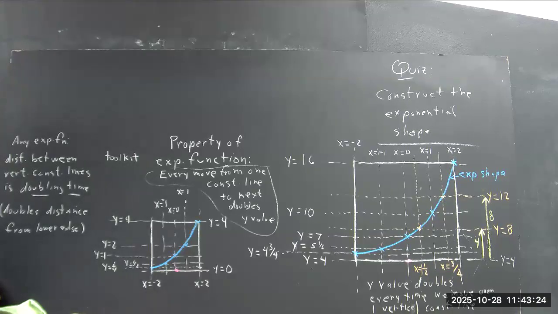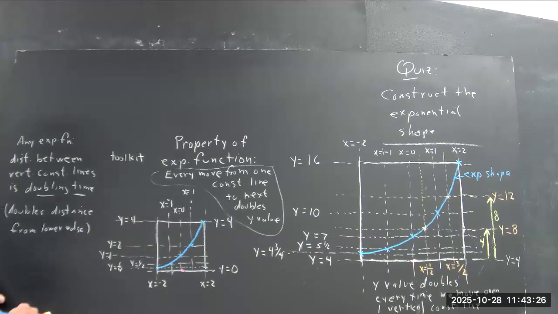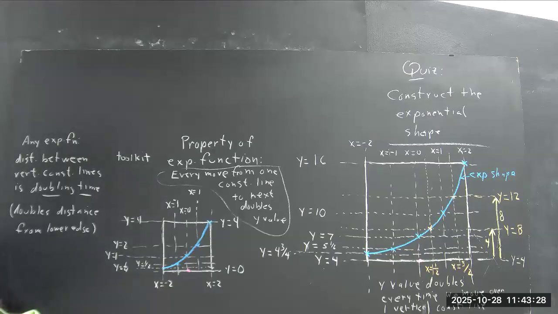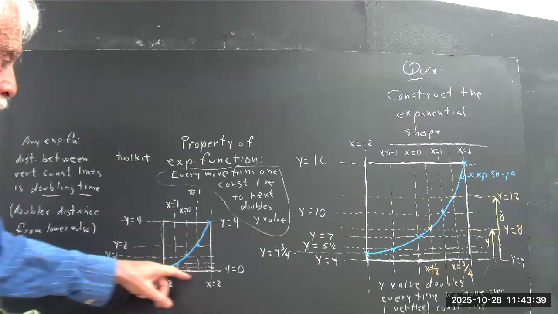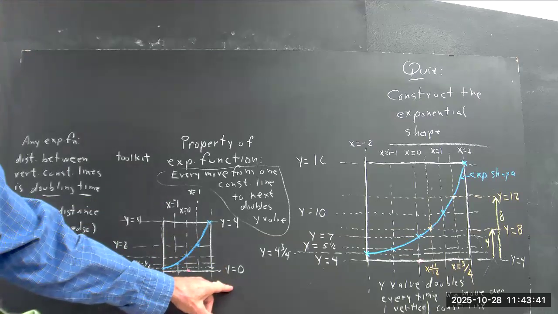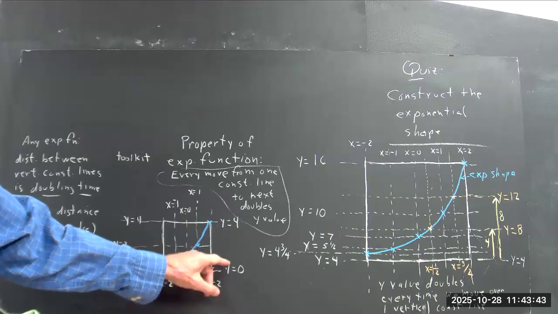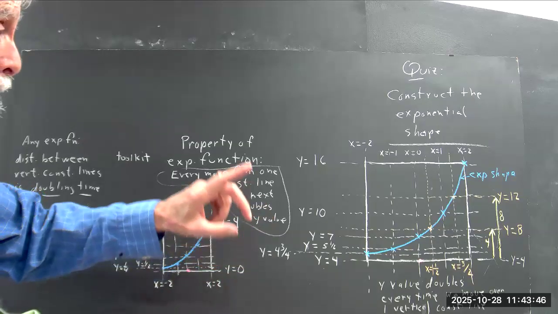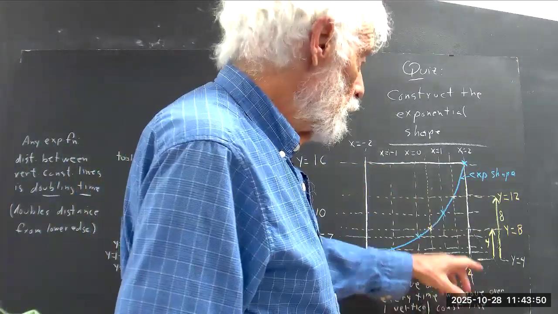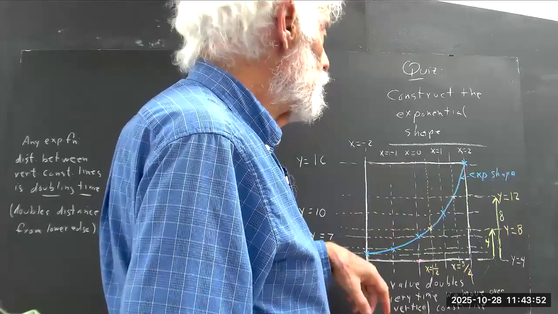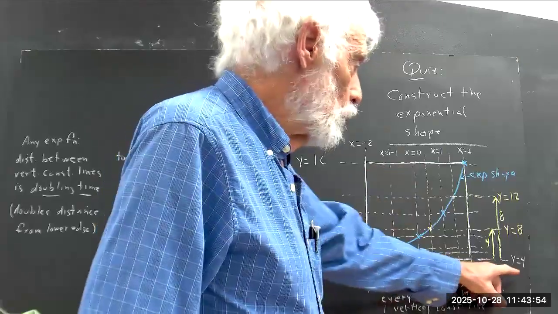Okay, there's my statement. We see for the toolkit function, since the lower edge is at y equals 0, that amounts to just doubling the y value. Over here, we don't double the y value on the original graph because the lower edge is at y equals 4.